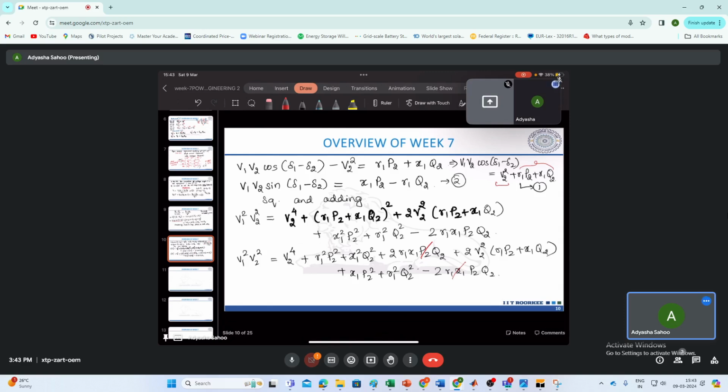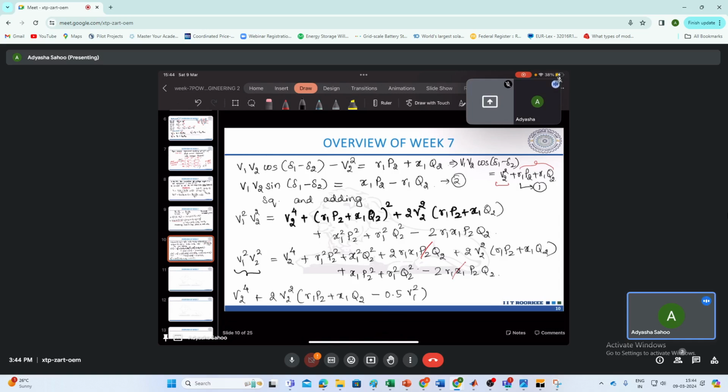And let me then collect the coefficients of V2. So here V2 to the power 4 plus, let me collect 2 V2 square, so this will be (R1 P2 plus X1 Q2), and this part will come to this side, so it will be minus. 2 is common here, so I'll divide by half, and V1 square.